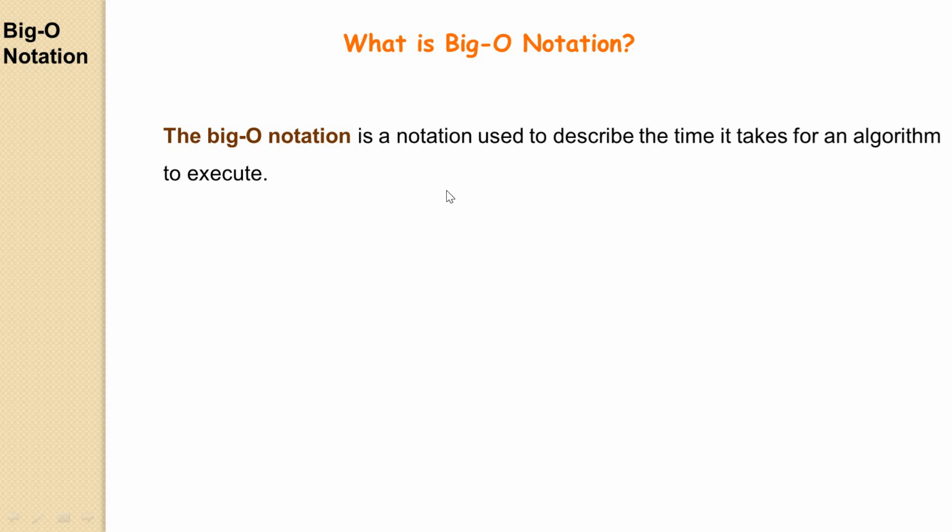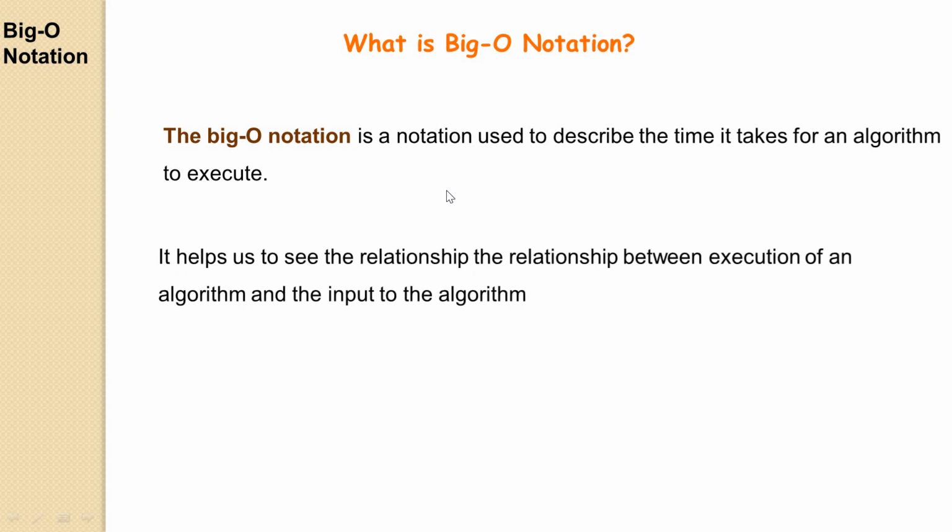Of course, programs are based on algorithms, so we want to reduce the time it takes for these algorithms to execute. So big O notation is used to describe how long it takes for an algorithm to execute. It helps us to see the relationship between the execution of an algorithm and the input to the algorithm. So more like the relationship between time and the input.